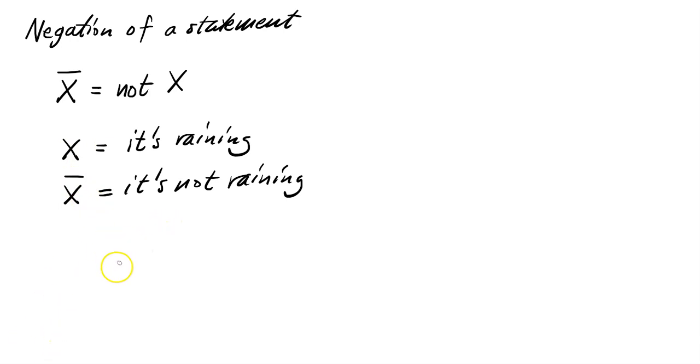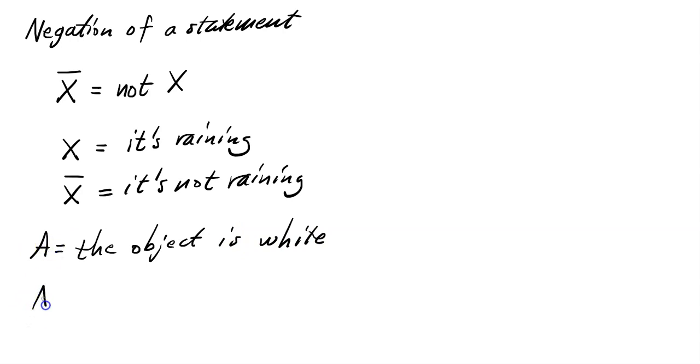Note that, for example, if we have a statement like the object is white, then the opposite of that is not the object is black. Maybe in language, but not in logic. So the object is not black does not mean that it is black.